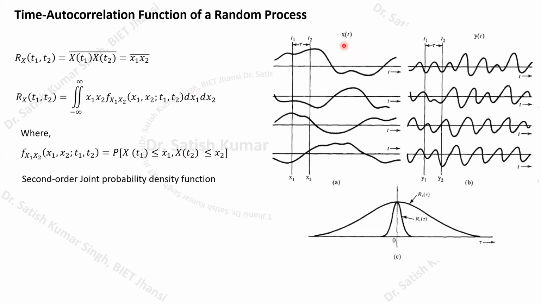If you see the random process xt as compared to yt, it has less fluctuation, it is less random, because yt has more fluctuations.